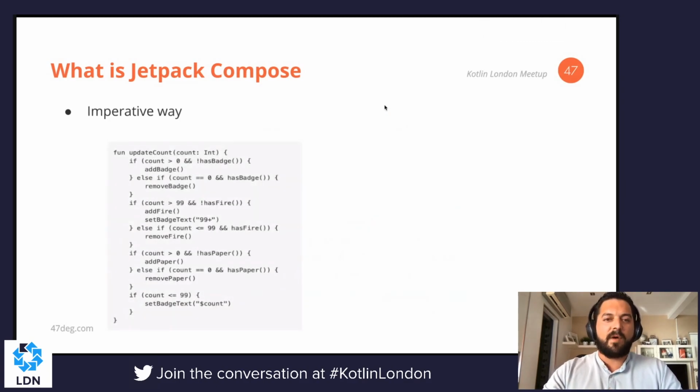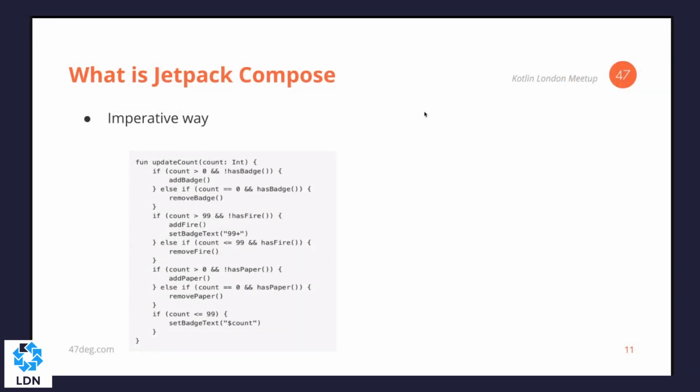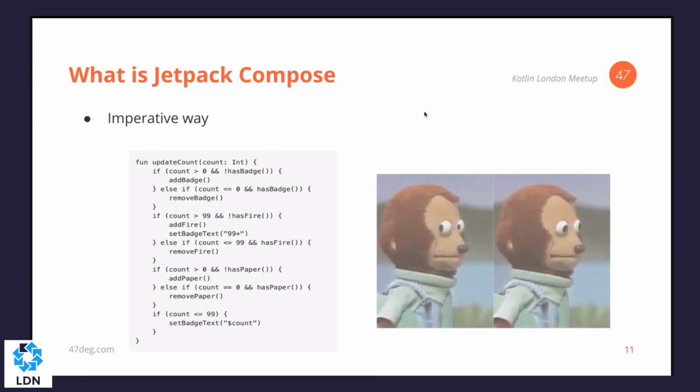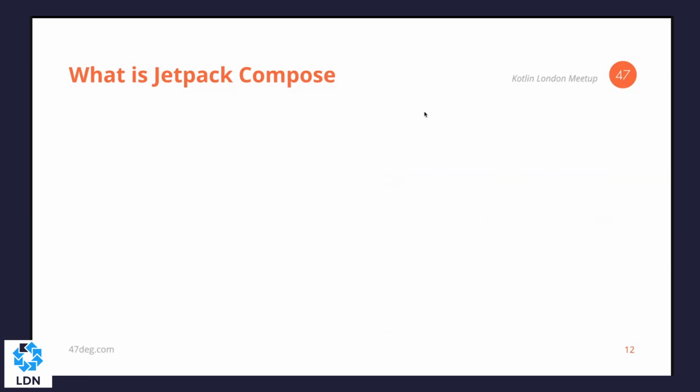We will have to update the unread messages component, and based on the count, we will have to check if the count is greater than 0 and has no badge, add the badge. But if the count is equal to 0 and has a badge, remove it. But if the count is greater than 99 and has no fire, add the fire. A mess, right?